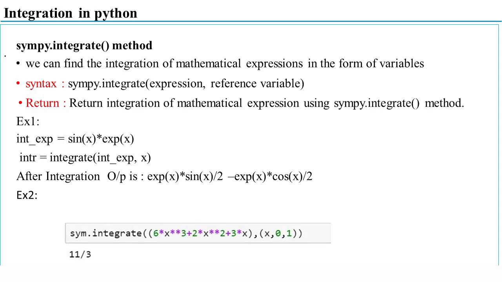Integration in Python, the sympy.integrate method. We can find the integration of a mathematical expression in terms of variables. The syntax is sympy.integrate of expression, reference variable. Here we have given sin x as the expression of x, so it gets integrated and the result is given.